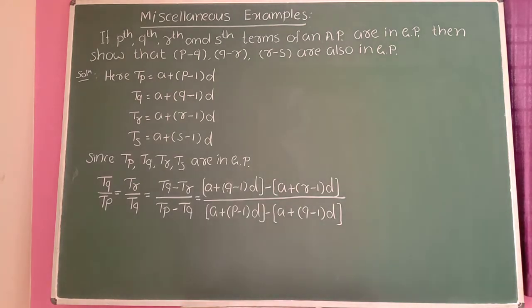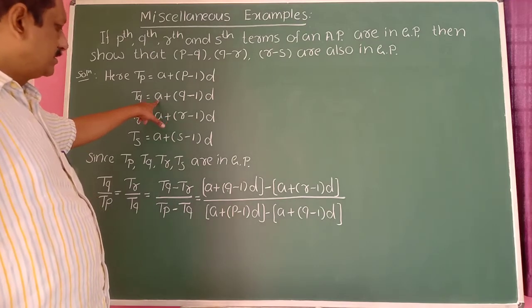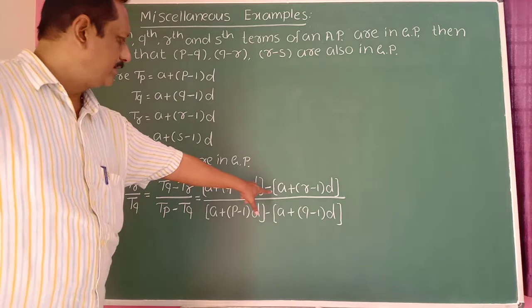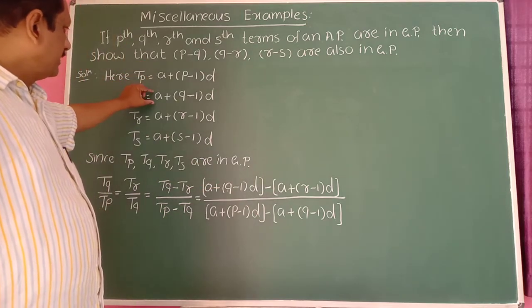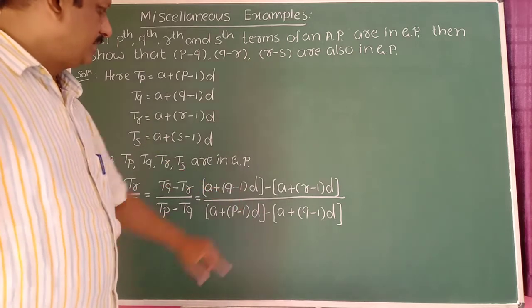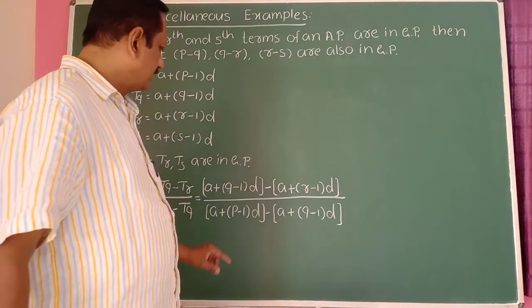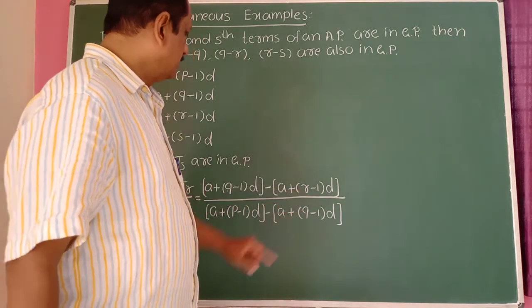So here Tq is this one here, a plus q minus 1 into d, minus Tr is this one. So write it here. Tp is this one here, minus Tq is this one. Take a minus inside here. Here a and minus a cancel. Q minus 1 into d minus r minus 1 into d.